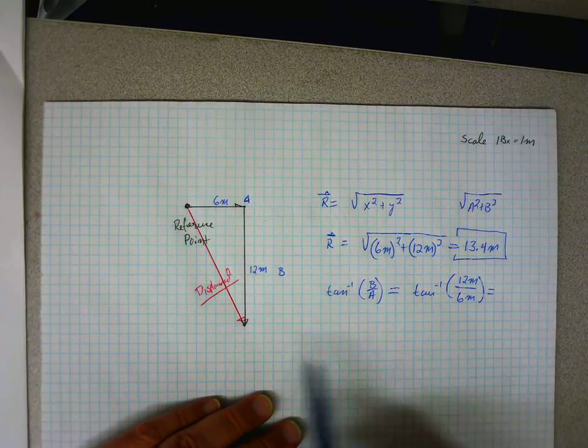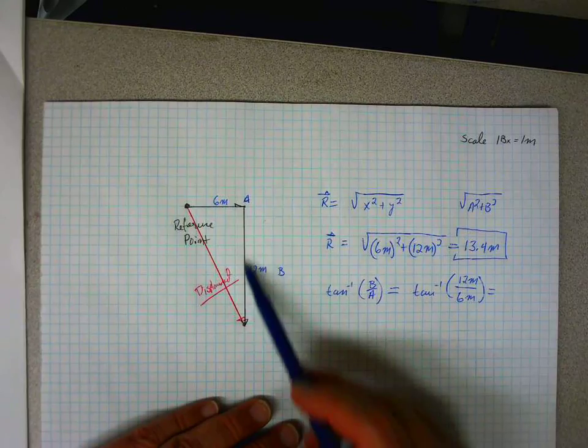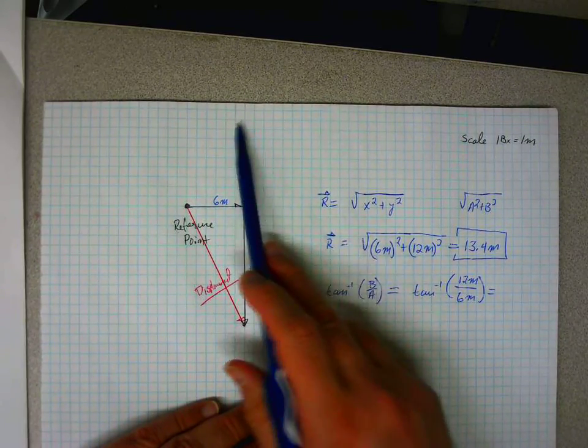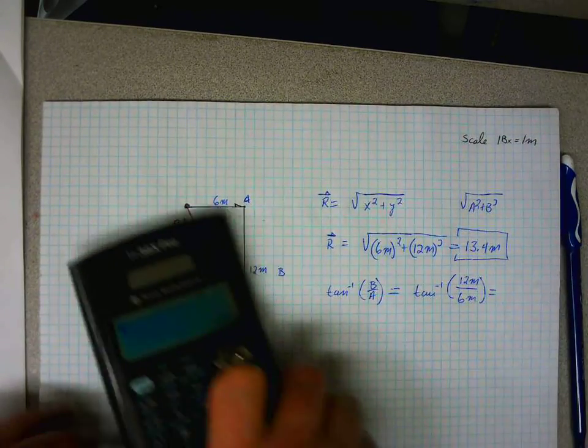Okay? Now this would be positive because it's actually going up. The reason why I had to draw it down was because I didn't have enough room over here. So we know that both numbers are positive. So we're going to calculate the number.